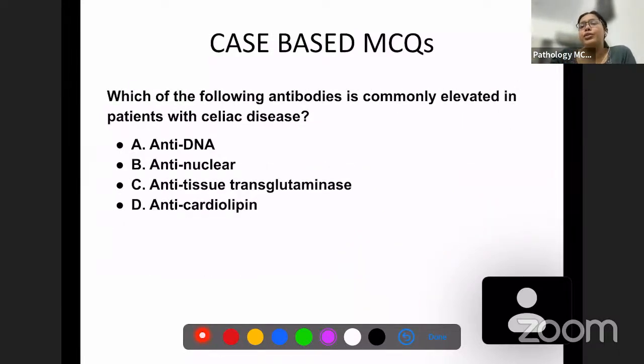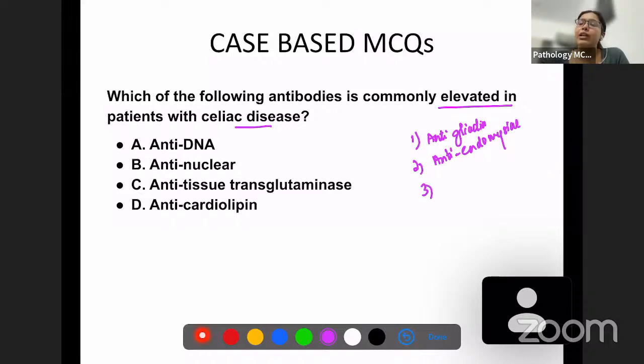Next one. Which of the following antibodies is commonly elevated in patients with celiac disease? We saw 3 antibodies which were commonly elevated in patients with celiac disease. First one is anti-gliadin antibodies. And then we had anti-endomysial antibodies.